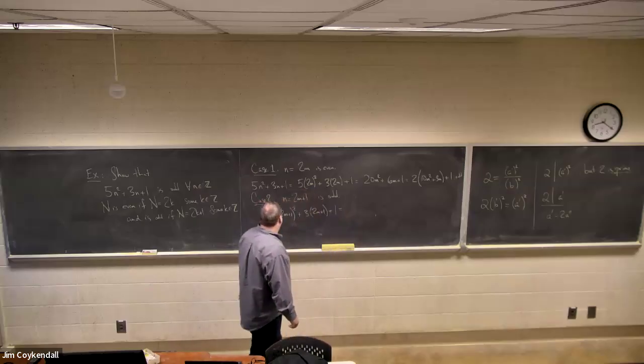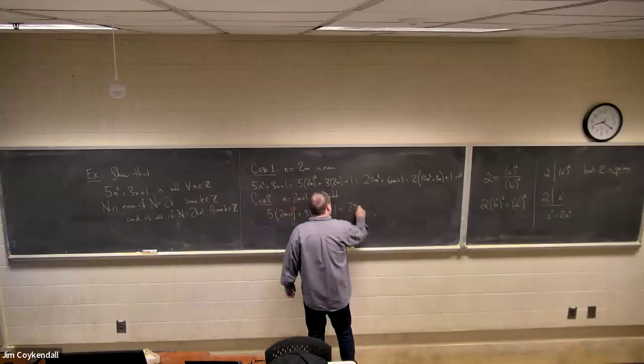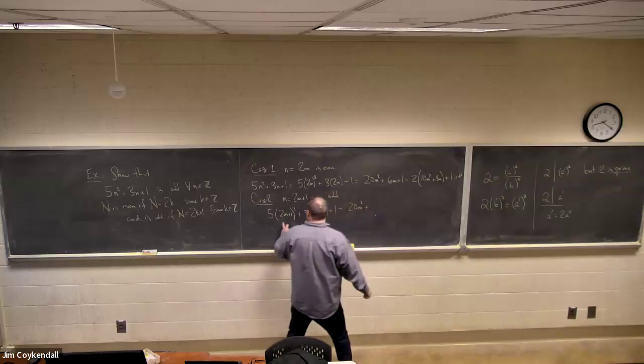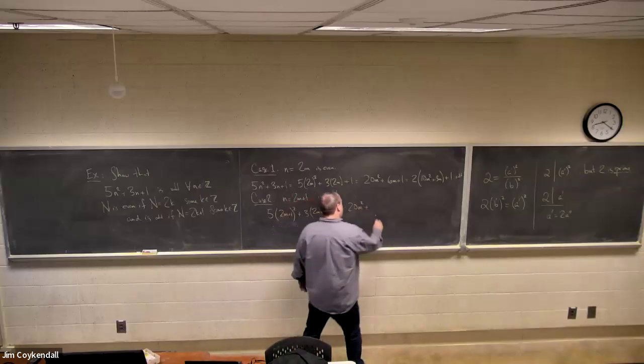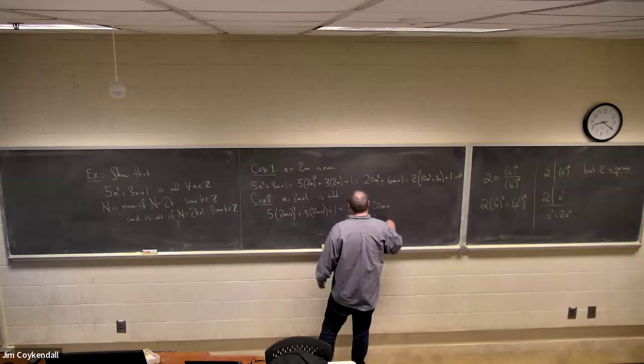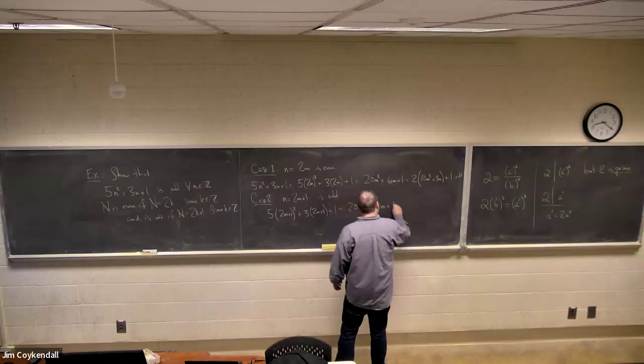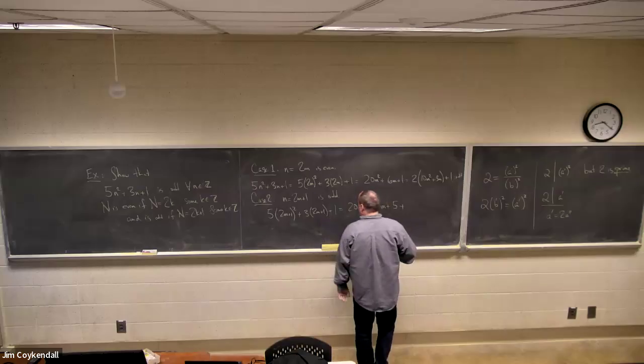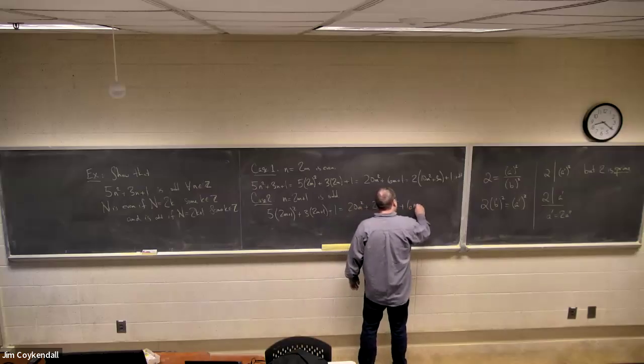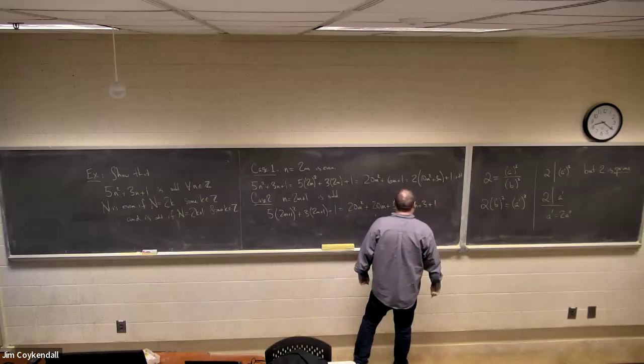Well, let's see, that's going to be 20m squared plus 20m plus 5 plus 6m plus 3 plus 1.